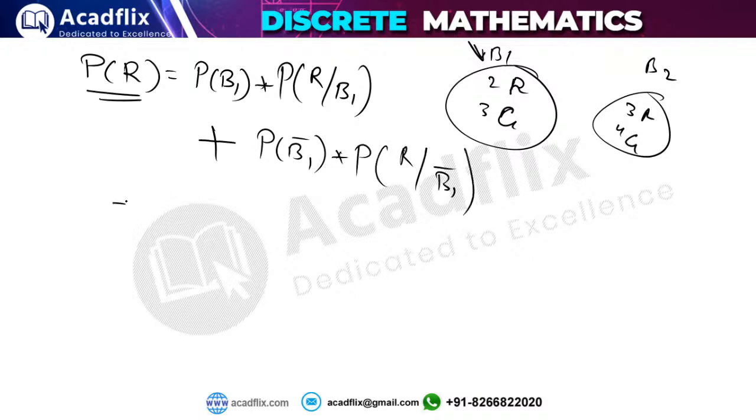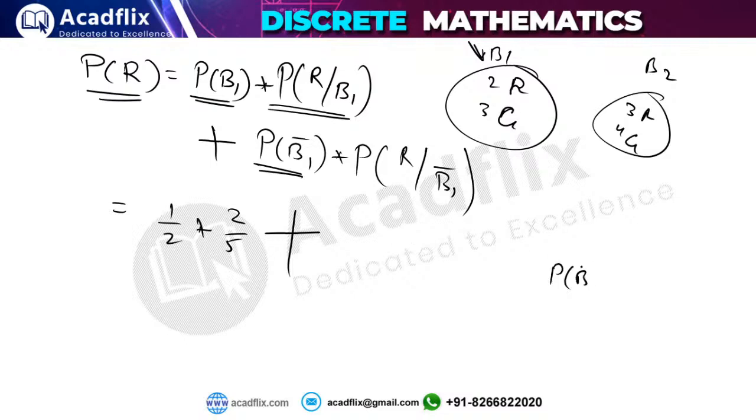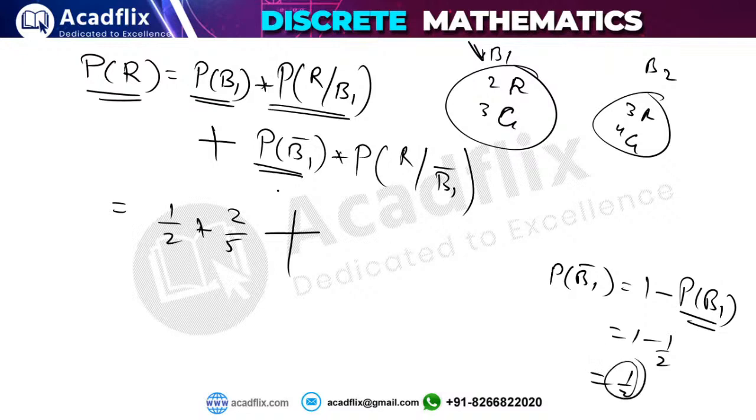This we did. If you remember, the probability of B1 was 1 by 2 multiplied by probability of R given B1 was 2 divided by 5, plus probability of not choosing box 1, probability of B1 bar. This is nothing but 1 minus probability of B1. The probability of B1 is 1 by 2. So 1 minus 1 by 2, this is 1 by 2. So the probability of not choosing box 1 is 1 by 2 multiplied by probability of choosing red ball given that you have not chosen box 1.